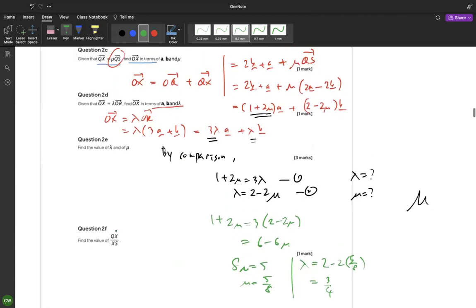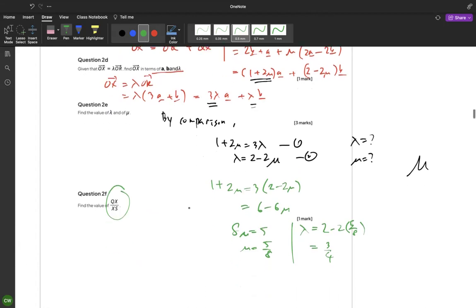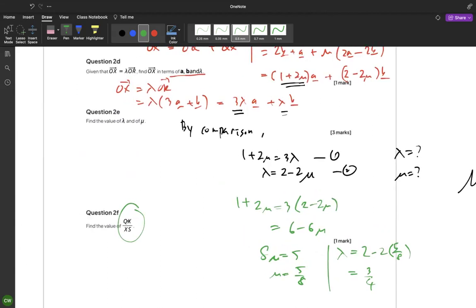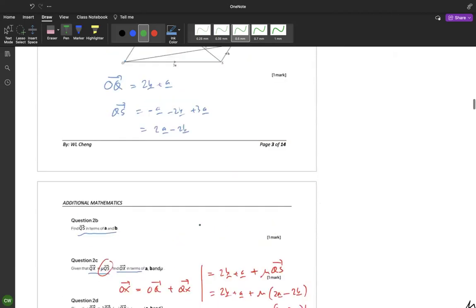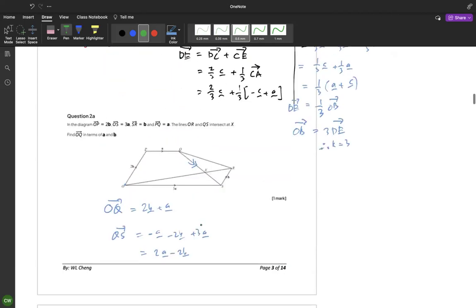Okay. How about the value of this? Who can get this? Can you get the value of QS to SX? Anything that we can use here? What do we have?